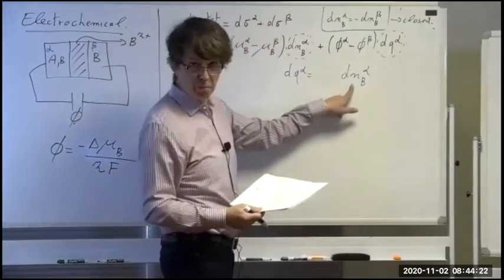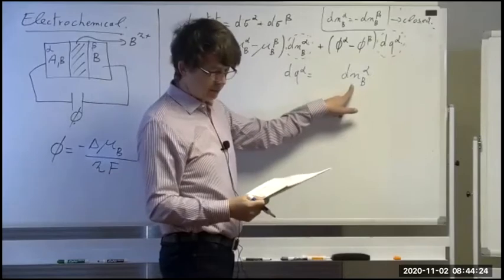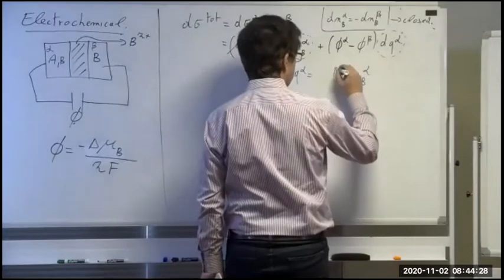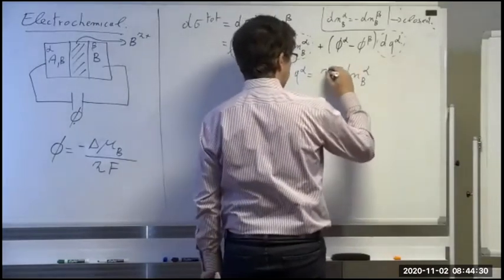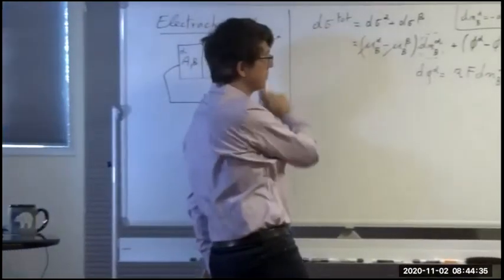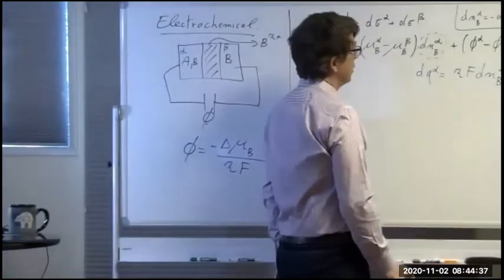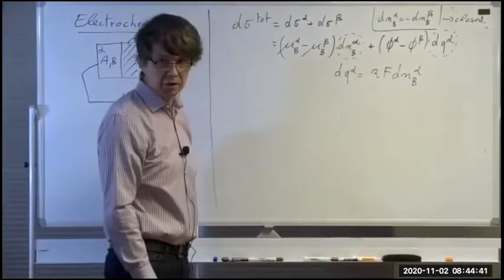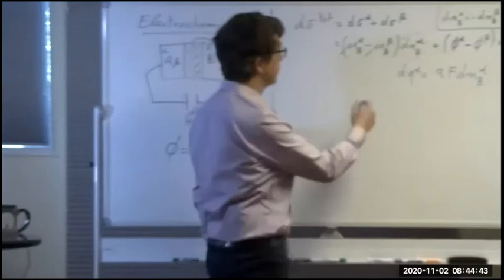If I move a mole of B atoms, what's the charge? Well, a mole of charge is the Faraday constant, right? This is the Faraday constant times Z, which is the number of charges on B. So this allows me now to write the free energy change in the system in terms of a single variation.